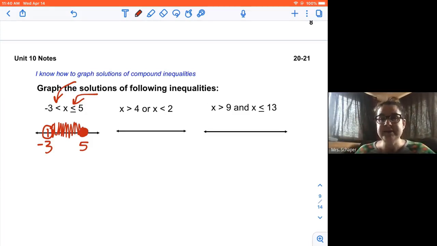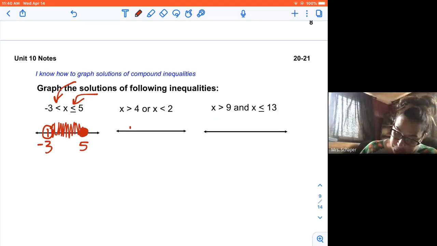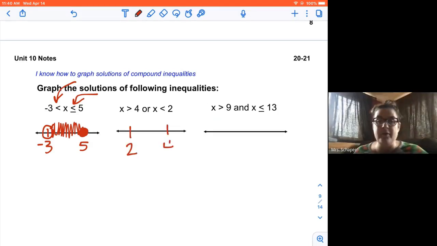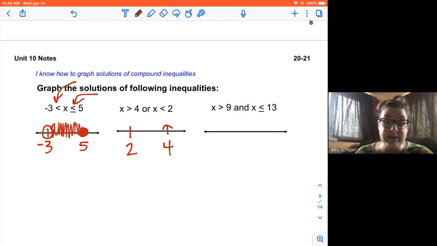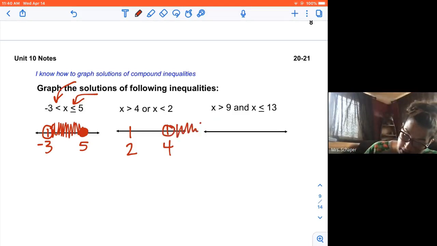Or statements have two dots, but you shade apart. Okay, so when I look at these or statements, my lesser number on the left, my greater number on the right, always. Okay, so if x is more than 4, that tells me it's an open dot. Or statements shade apart.